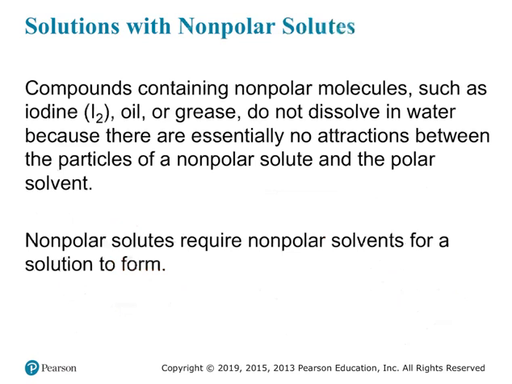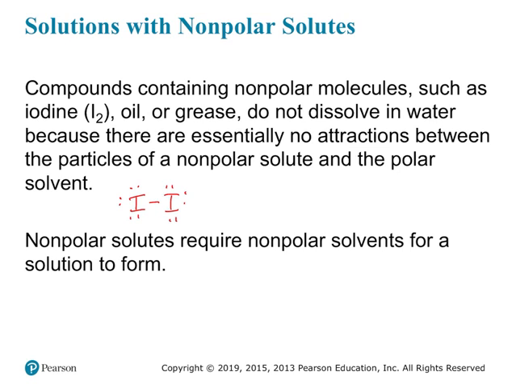Now, if we have a compound that contains a nonpolar molecule, such as iodine, oil, or grease, those do not dissolve in water because there are essentially no attractions between the particles of a nonpolar solute and the polar solvent. So let's talk about I2, iodine. The Lewis structure looks like this.